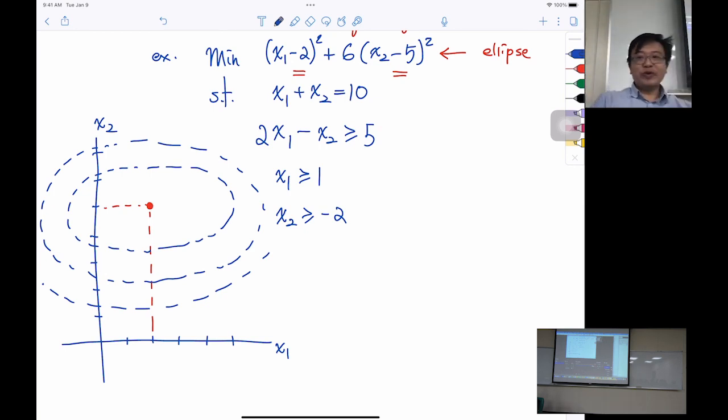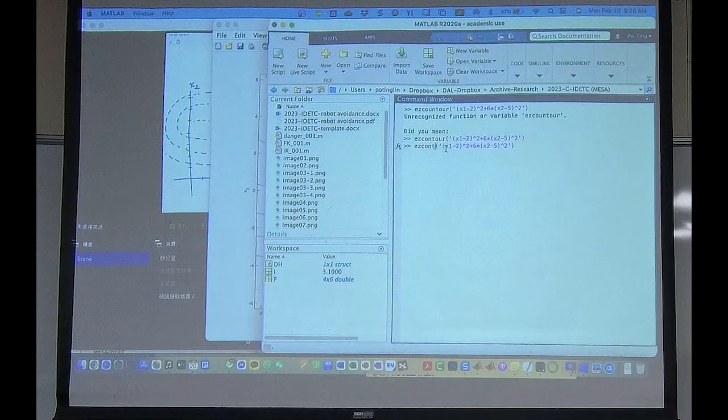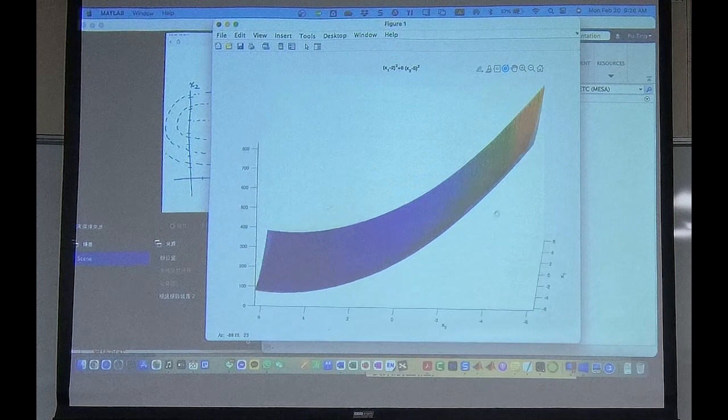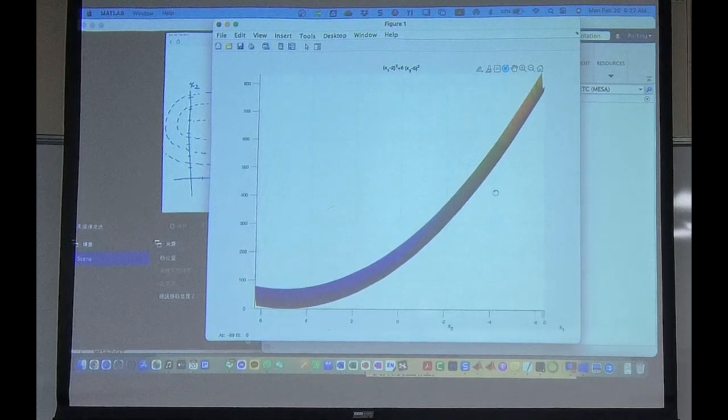If I show you the 3D drawing of this function, it looks like this. There's a bottom. There's a minimum point at the bottom. And the location of that point is basically 2 and 5.